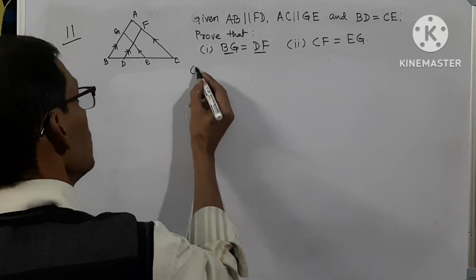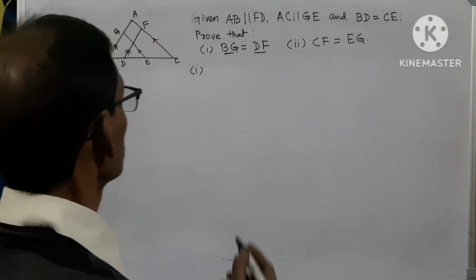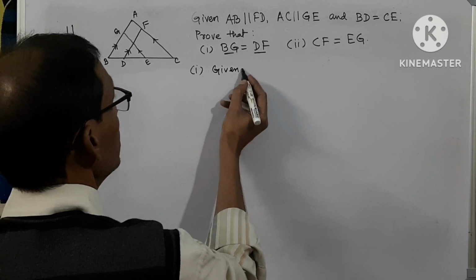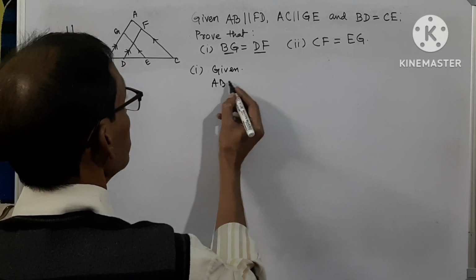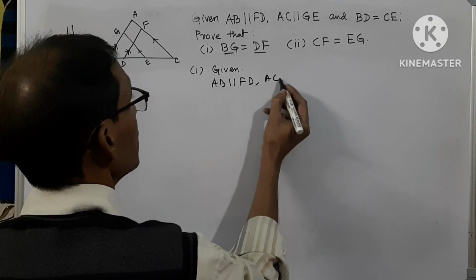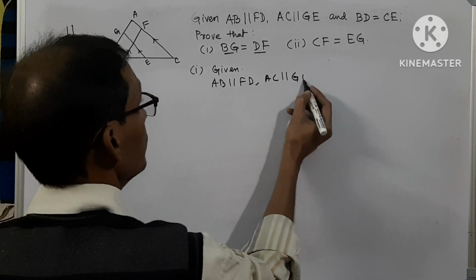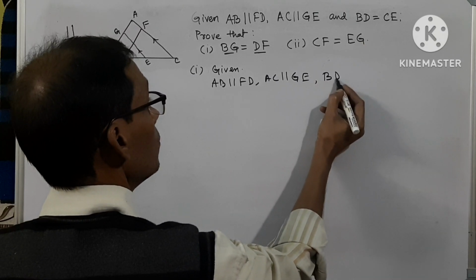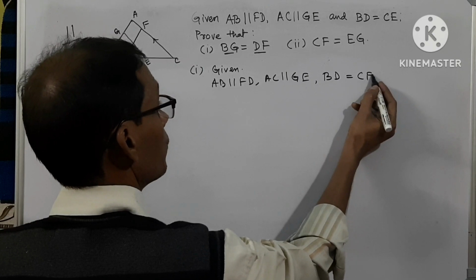Okay, first, given: AB parallel FD and AC parallel GE. And one more thing is given, BD equal to CE.